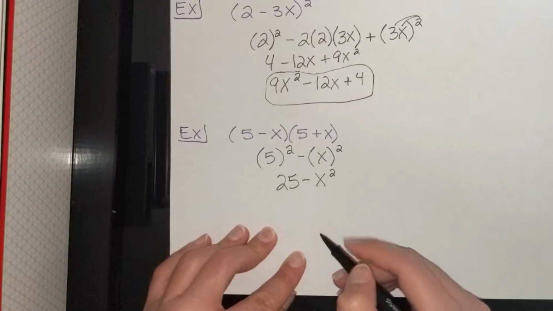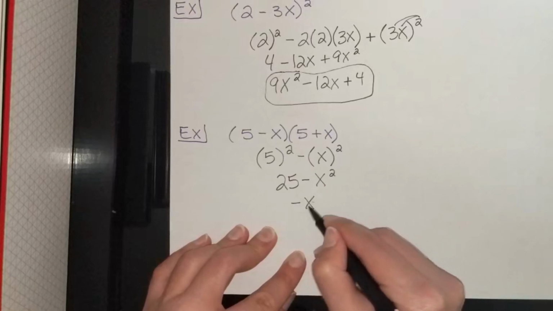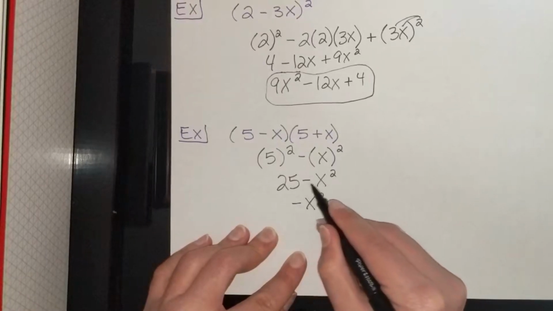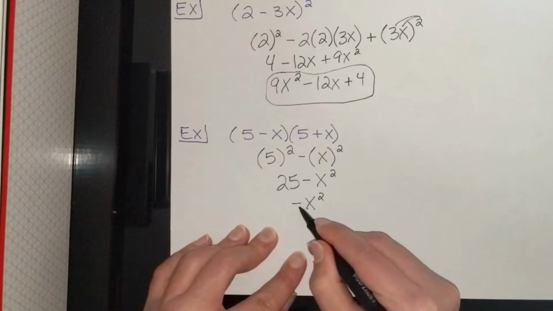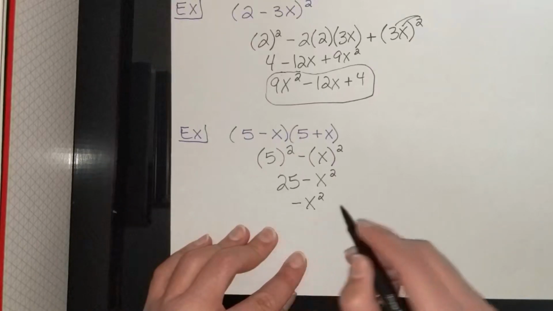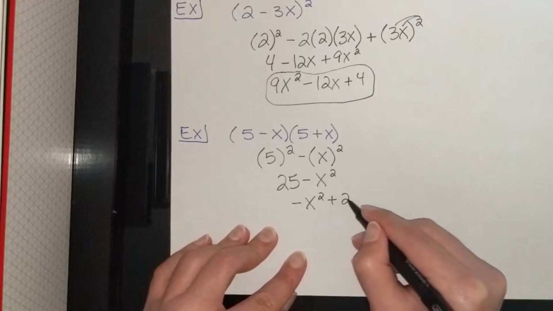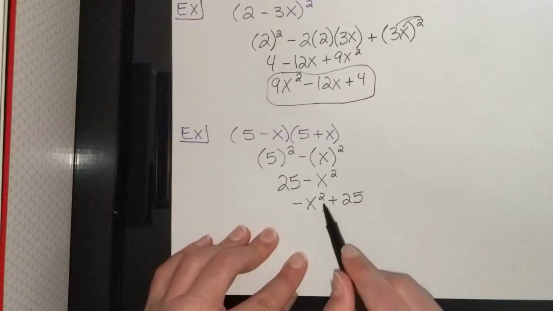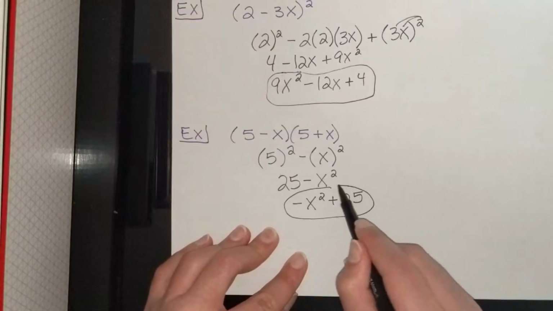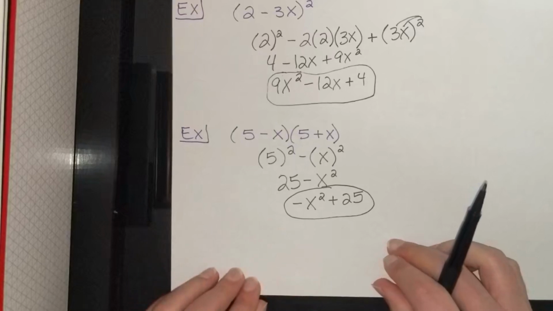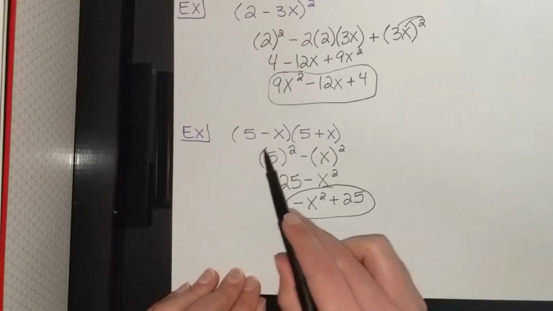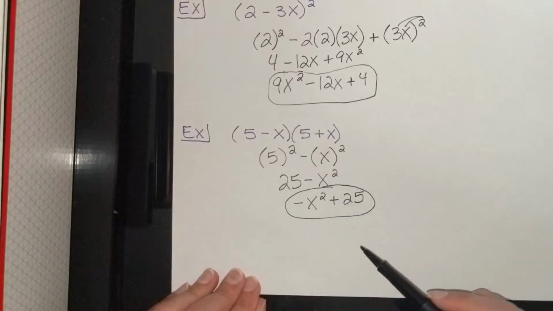And reordering by exponent, we get negative x squared because we were subtracting x squared. It's negative. And then this is a positive 25, so we have plus 25. And this is the multiplied form of 5 minus x times 5 plus x.